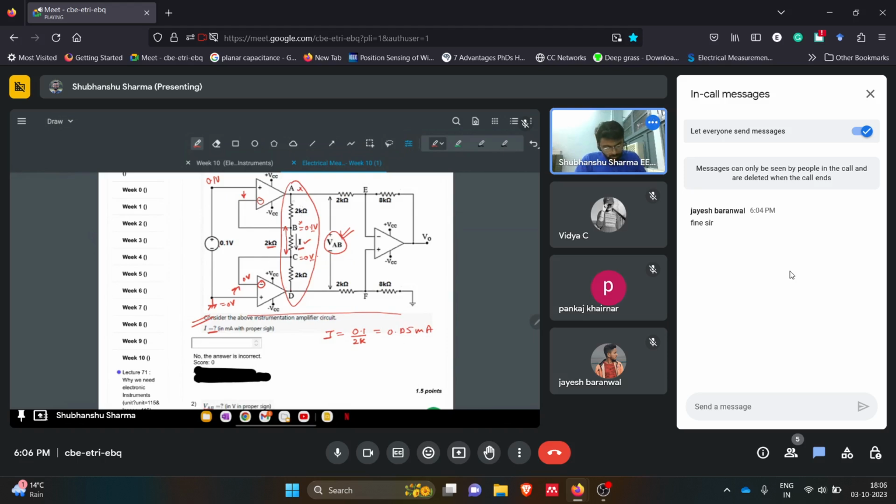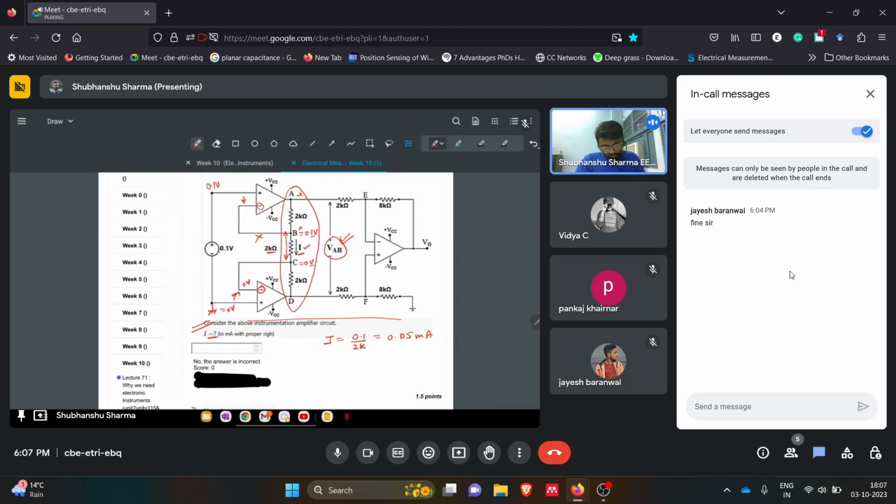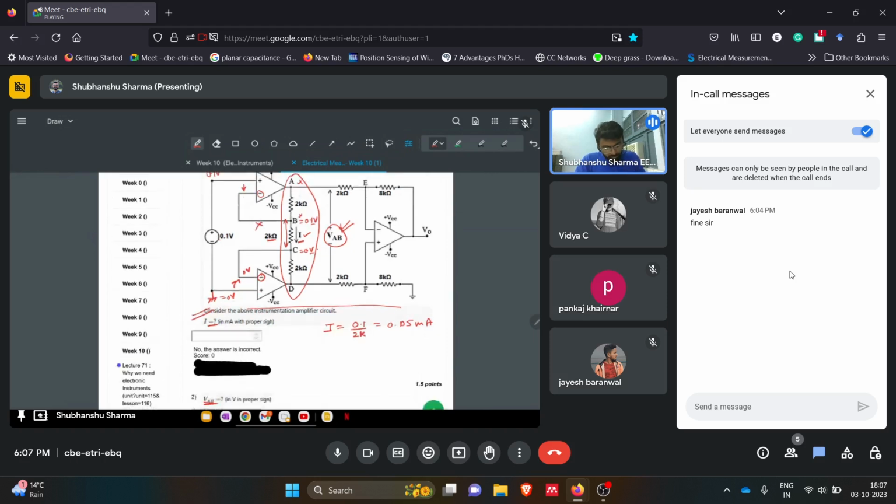Because no current will be flowing into the input terminals of the operational amplifier, the same I flows from above through this branch, then here also, and here also. So the current is constant in this whole branch. It is not going inside the inverting terminal of the operational amplifier.